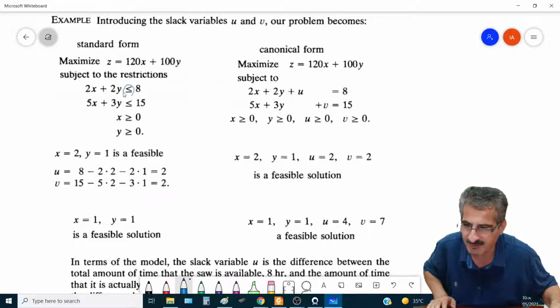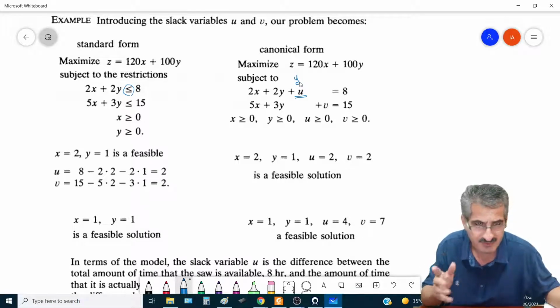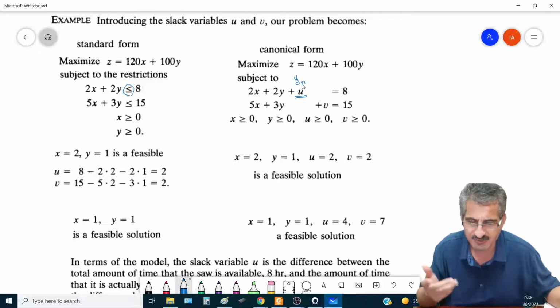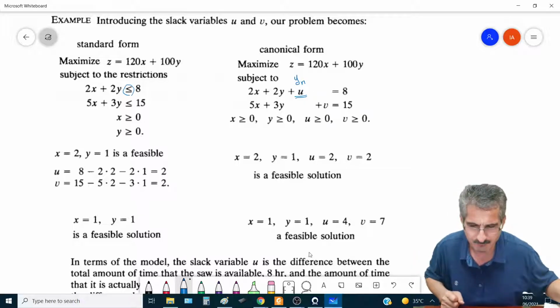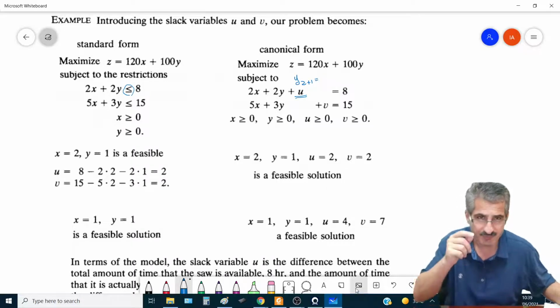Now we want to make this an equality, so we introduced u. This was for y. Here n is 2 because we have two variables, so yn is 2 plus 1. This is not a solution yet.